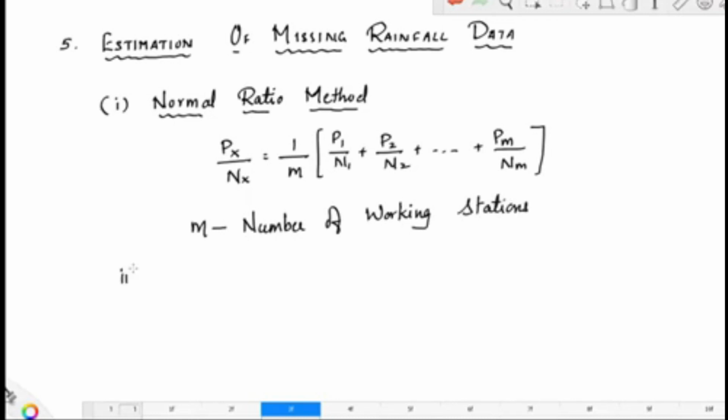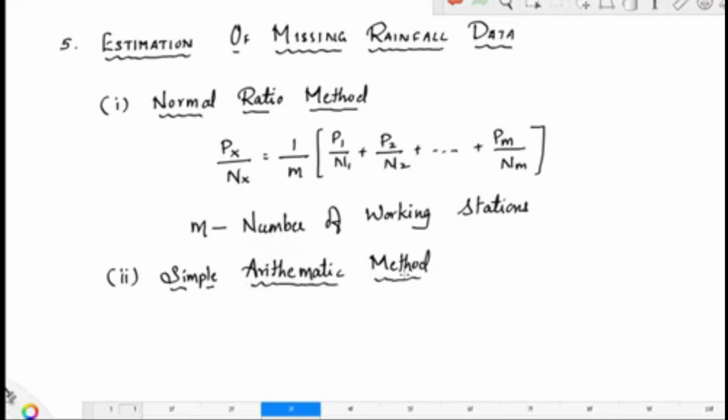So second one, you require a simple arithmetic average procedure. So you have to check the 10% condition. I hope you remember how to check the 10% condition.